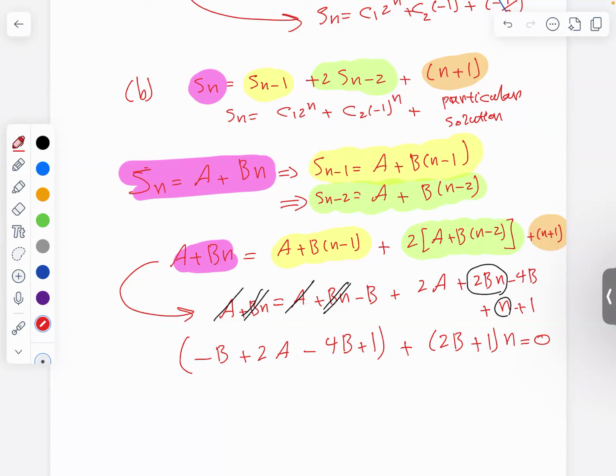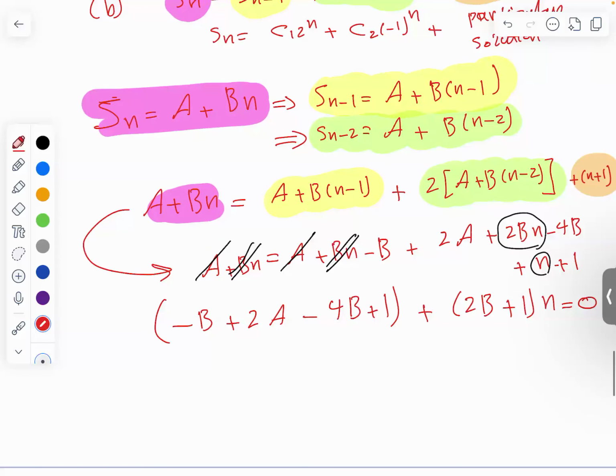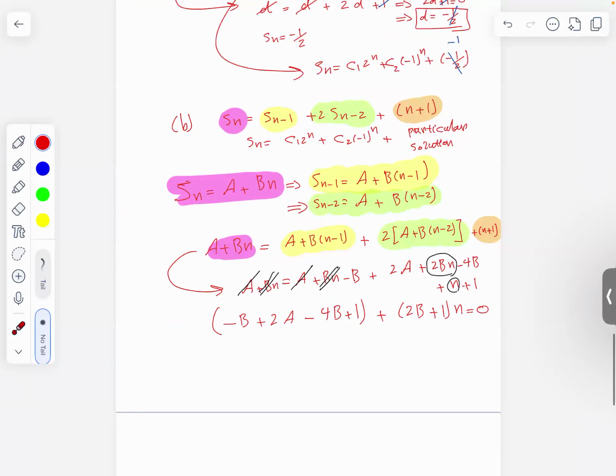Are you happy with this one? Did you understand this one? See, minus B is written here. Plus 2A is here. Minus 4B is here. Plus 1 is here. Then 2B times n is here, and 1 times n is here.